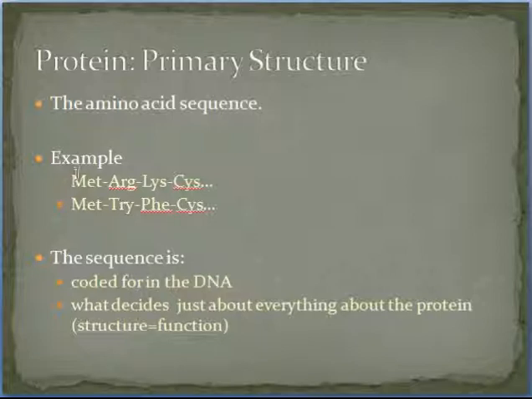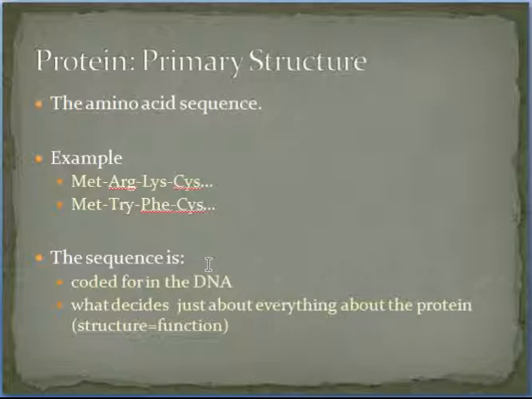So, for example, if you have methionine, arginine, lysine, cysteine, that'll be a different protein than something that starts with methionine, tyrosine, phenylalanine, cysteine. Primary structure is the amino acid sequence like you see here. Real proteins have way, way more amino acids than that, but this is just a sample.